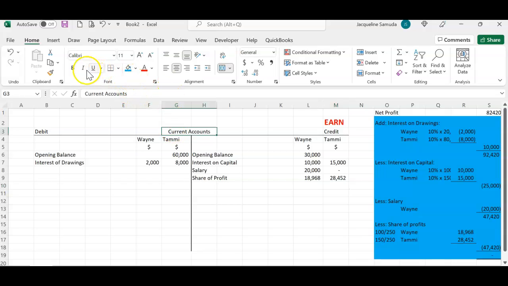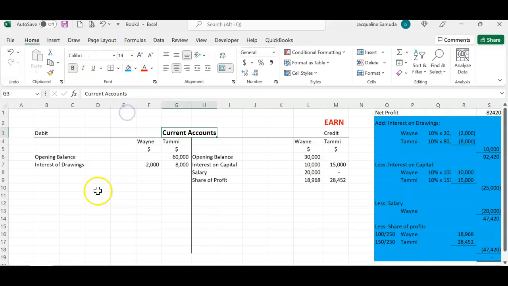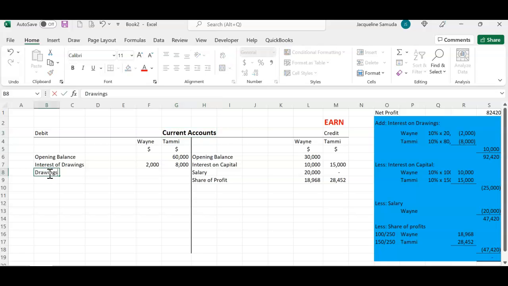Now the last thing we need to include to wrap up this is the drawings itself. So the drawings also has to pass through the current account. And let's see now. Wayne took out 20,000 and Tammi took out 80,000.